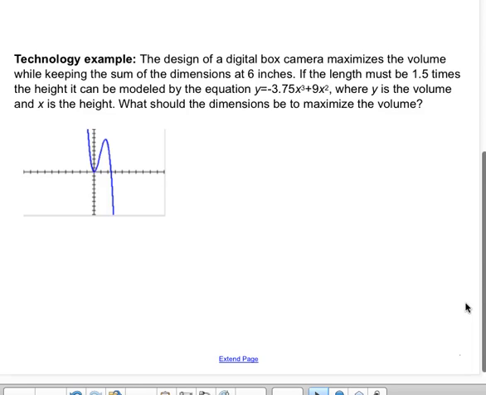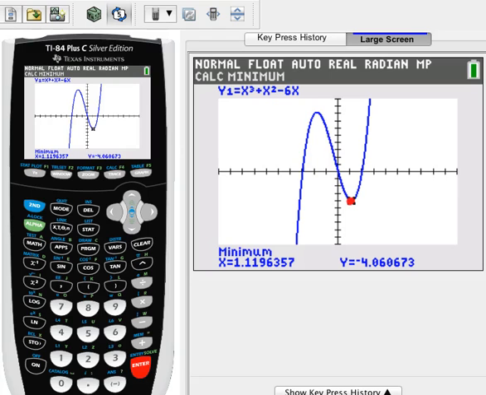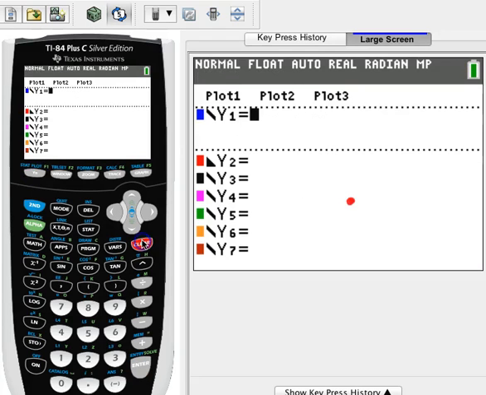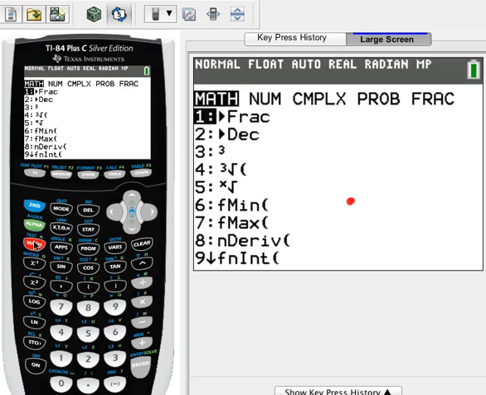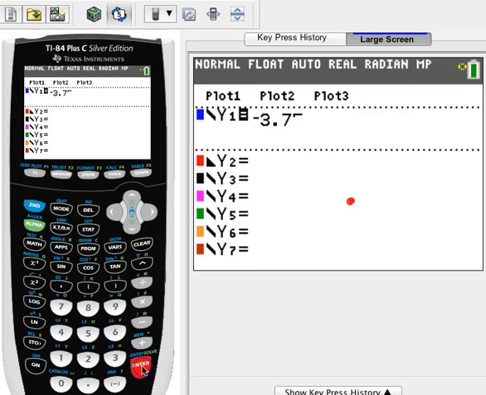All right. So we have an equation. So let's go and use our calculator. So I'm going to type in negative 3.75 x, go into math to get to the cubed, and plus 9x squared.